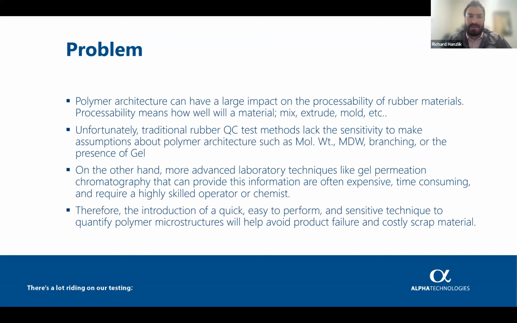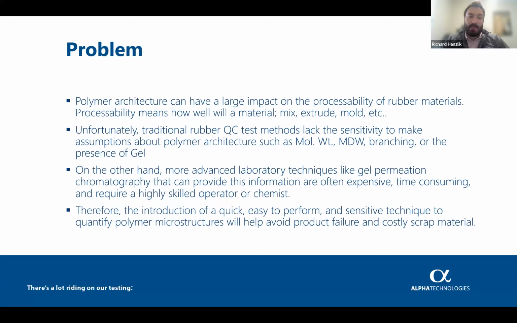So the problem: polymer architecture can have a large impact on the processability of rubber materials. Processability means how well is this material going to mix, extrude, mold, basically how easy is it to process or make it do something that you want it to do. Unfortunately, traditional rubber QC test methods lack the sensitivity to make assumptions about polymer architecture, such as molecular weight distribution, branching, or the presence of gel.